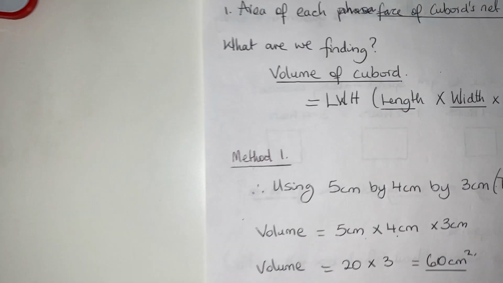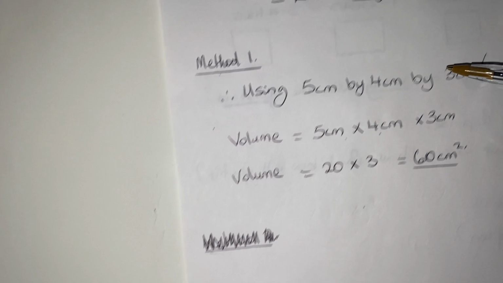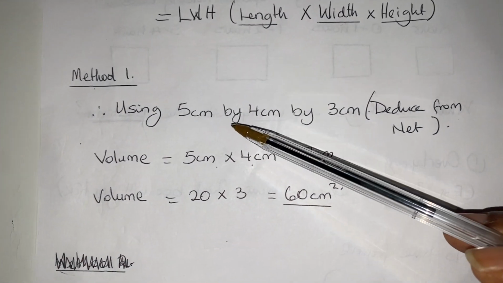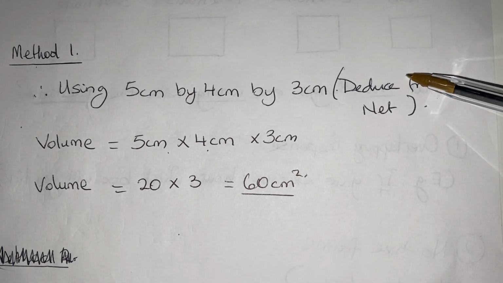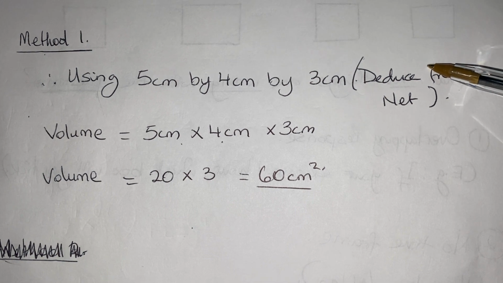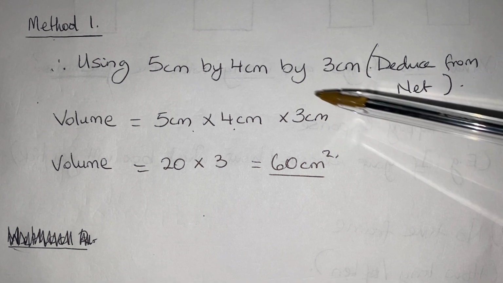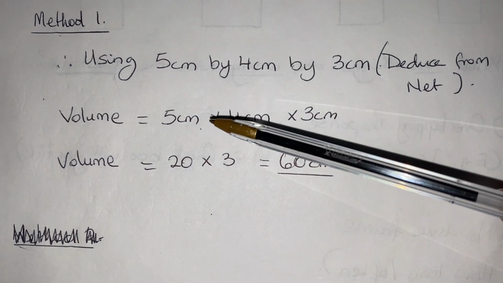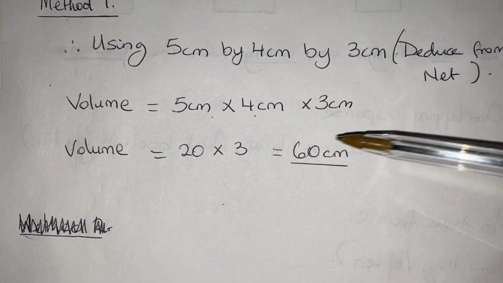Okay, so in this question, your knowledge of factors is very important. So now that I know the volume, the length, width, and height, using 5 by 4 centimeters by 3 centimeters, my volume is 5 times 4 times 3, all in centimeters. 5 times 4 is 20, times 3 is 60.